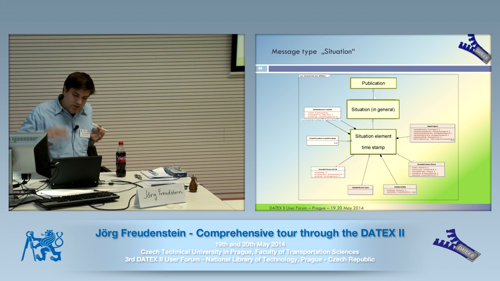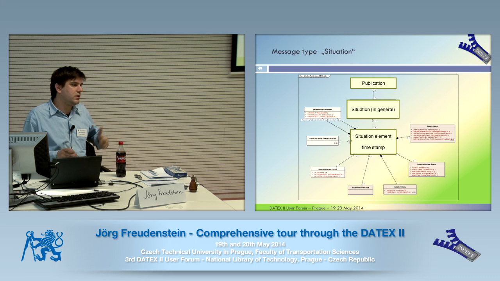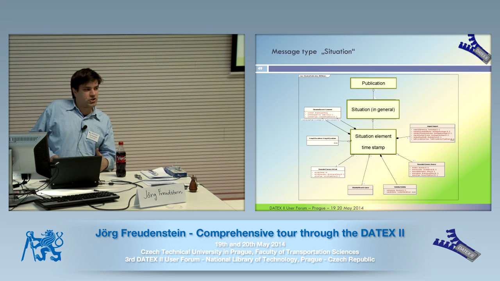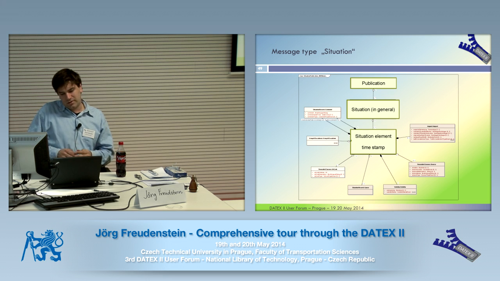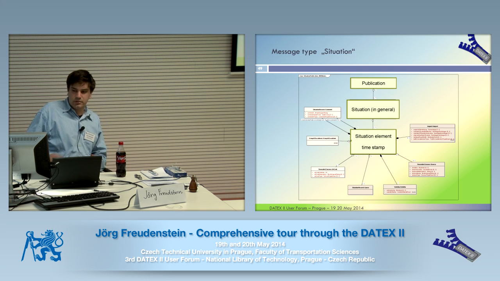That means this is a two-step hierarchy. So you can say the situation might be some road work, but there might be some traffic jam and some accident included. If you are talking about things which are aggregated in one bigger situation, you will use a situation for this and then specify situation elements on this.